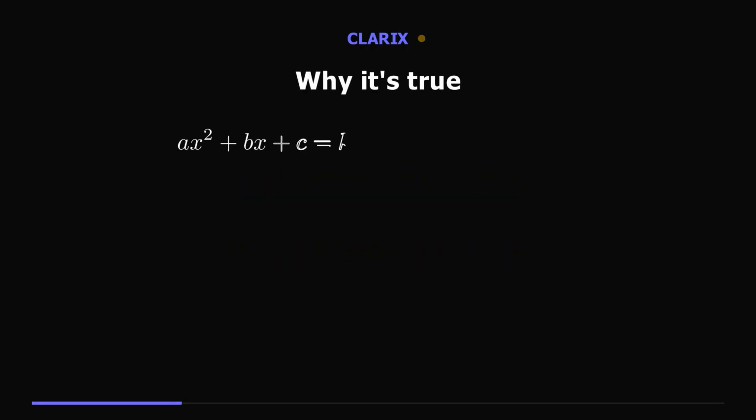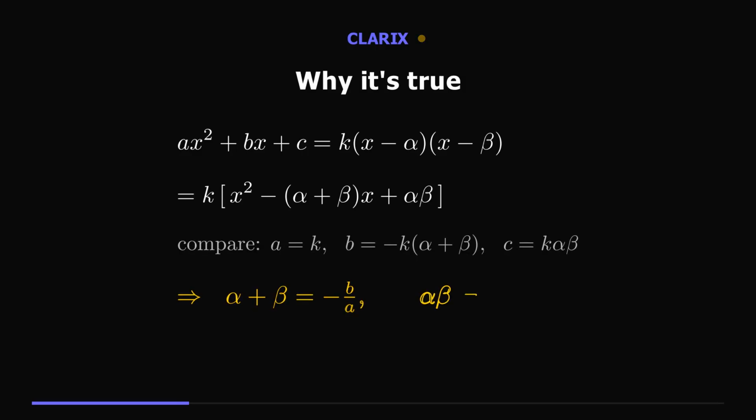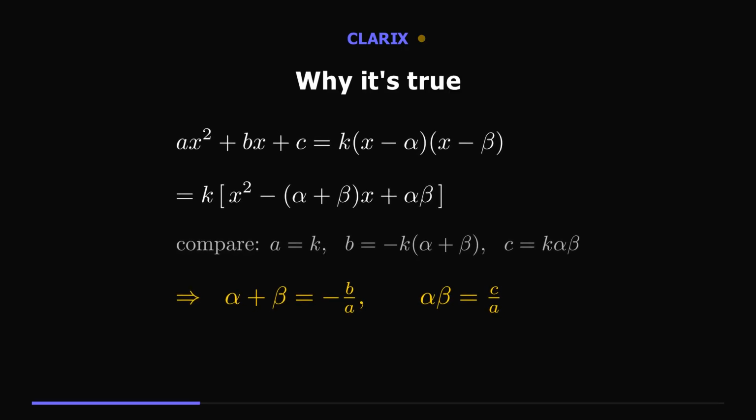Now, we never just trust a rule at Clarix. Let's see why it works. If alpha and beta are the zeros, then x minus alpha and x minus beta are factors. So the quadratic equals k times x minus alpha times x minus beta for some number k. Multiply that out and it becomes k times the quantity, x squared, minus alpha plus beta times x plus alpha beta.